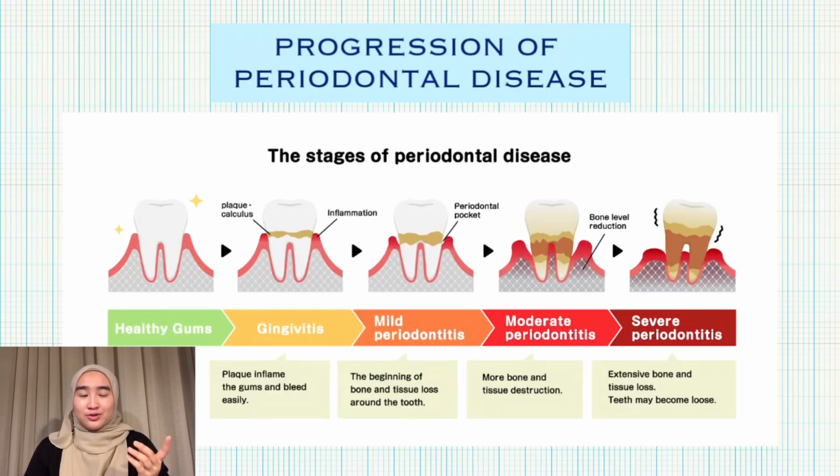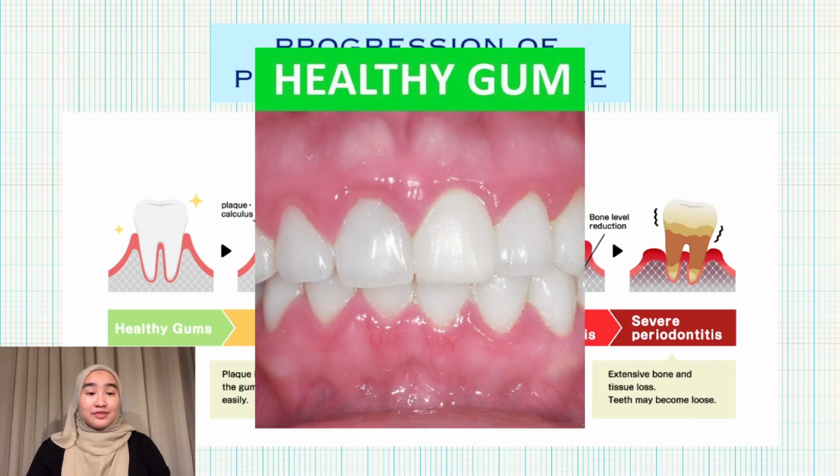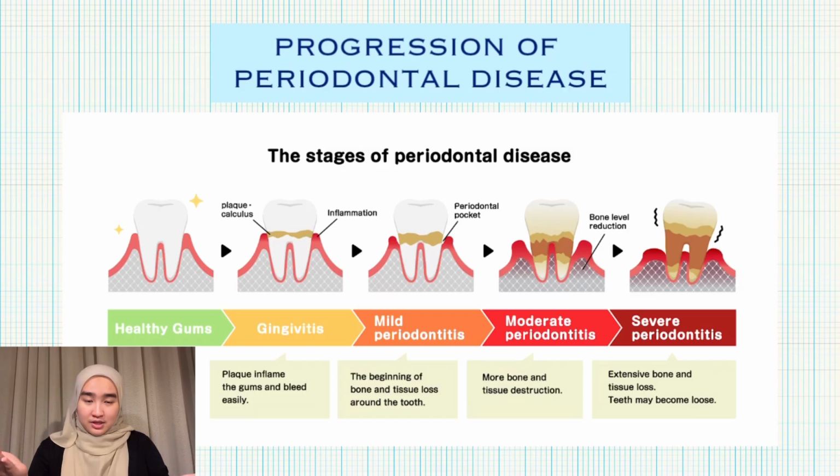Okay, miss, you also need to know the progression of periodontal disease. First, we have healthy gums. You can see that your gums are still pink, there is no bleeding with brushing or flossing, and you have fresh breath.